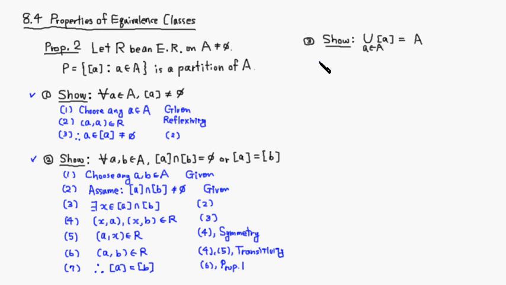Line 1: choose any element, say x, in the union of all these sets. Line 2: there must be some element a in A such that x belongs to the equivalence class represented by a.